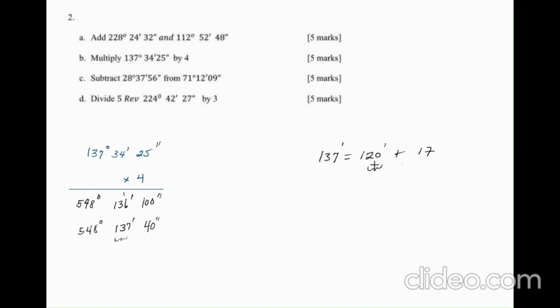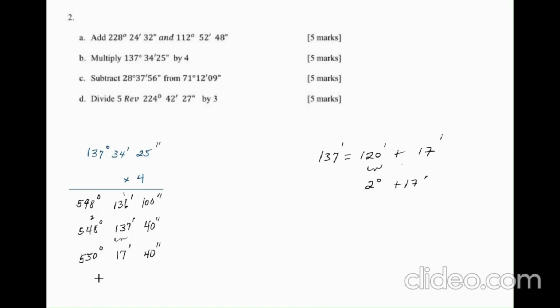And 120 minutes is actually 2 degrees plus 17 minutes, right? So I bring down this 40 seconds and I'm left with 17 minutes. But now I have to carry 2 degrees over here. 2 degrees. So now I'm left with 550 degrees. Okay.